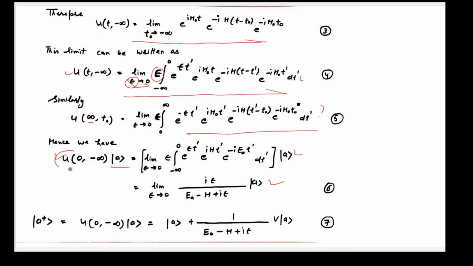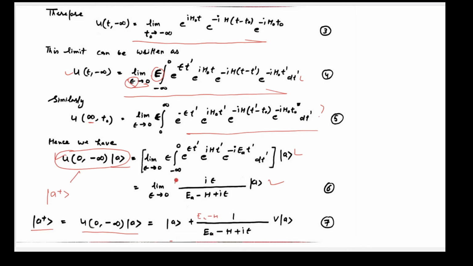Now this operation of u on a state when u is from minus infinity to 0 is called a plus state. A plus state is equal to this, and which according to this relation will be this.